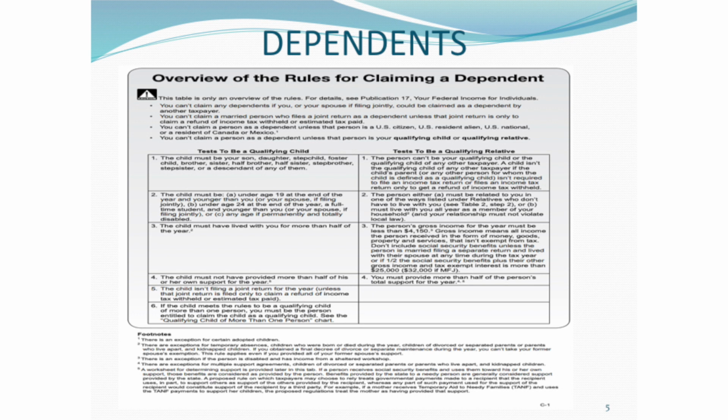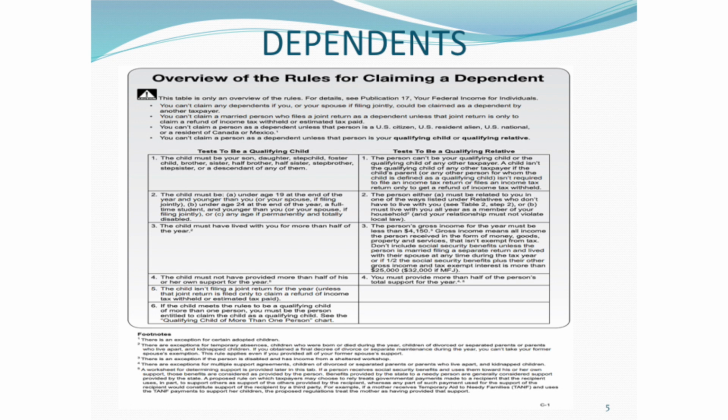Publication 17 is available online and will also be available at each VITA site in paper format. So, if you are unsure of the rules for claiming a dependency exemption, refer to Publication 17 or ask your site manager or other available resource person.